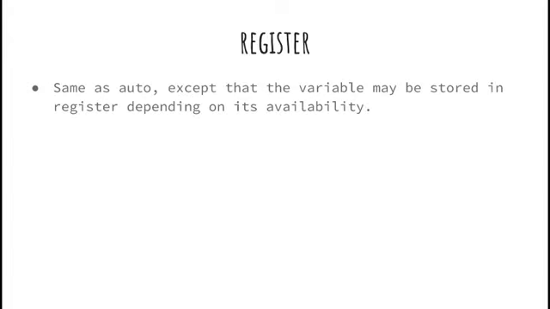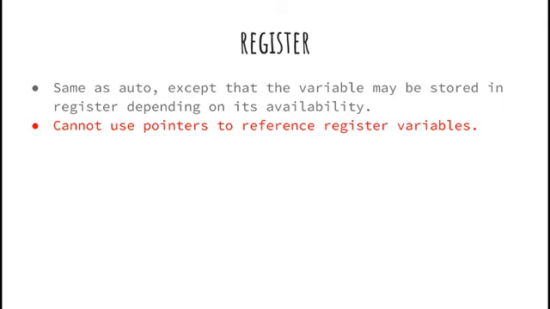So the points we need to remember about the register storage class specifier are: it behaves exactly like auto, except that the variable may be stored in a register depending on whether a register is free or not. Also, we cannot use pointers to reference objects that have the register storage class specifier, because a register does not have an address.